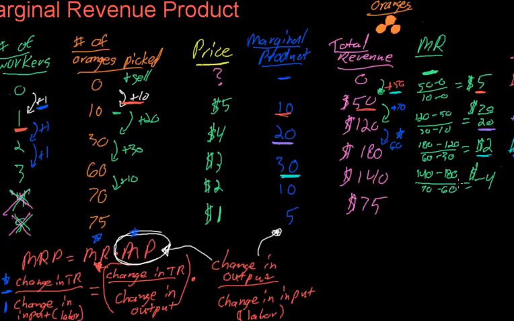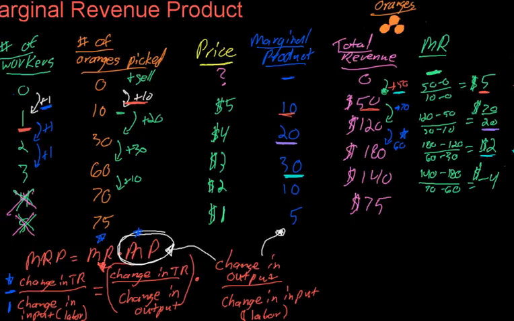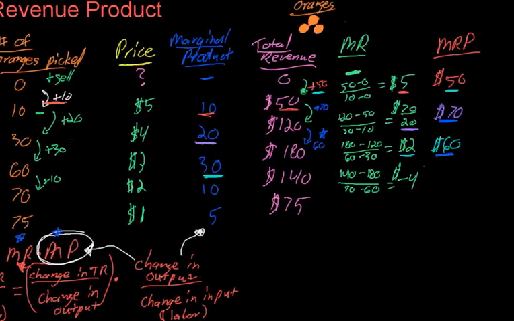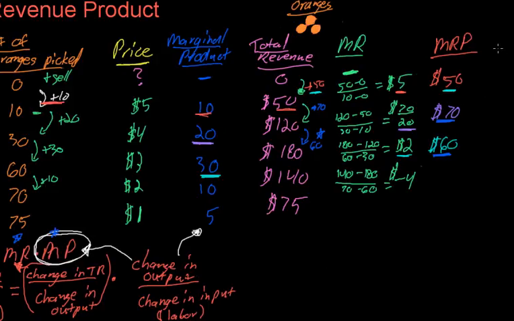Alright, so I hope that you see how the formula fits with the table, fits with all the computations, and how we get to marginal revenue product. And from here, from a really good, thorough explanation of marginal revenue product, it's very easy to see.